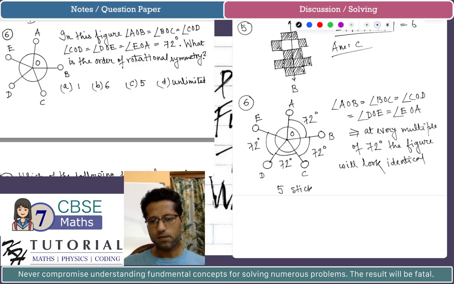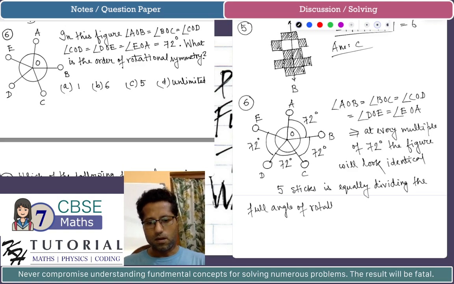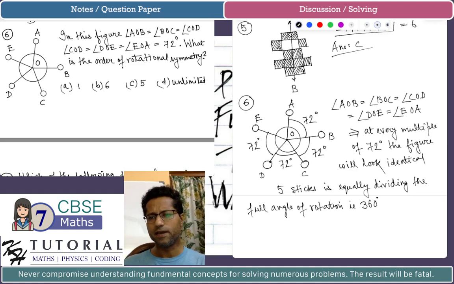5 sticks are equally dividing the full angle of rotation, that is 360 degrees.